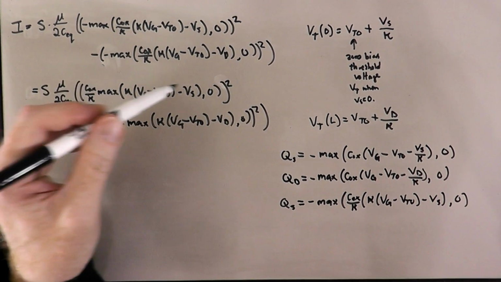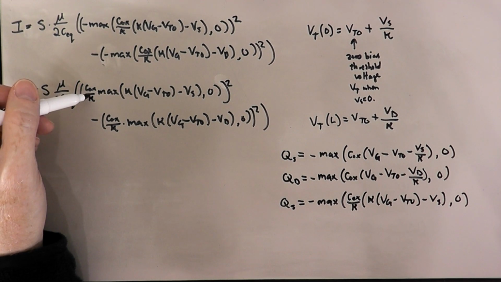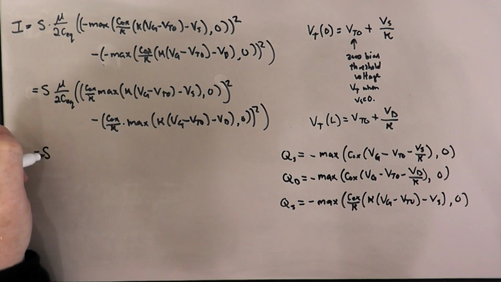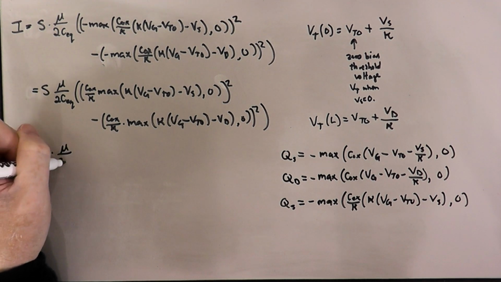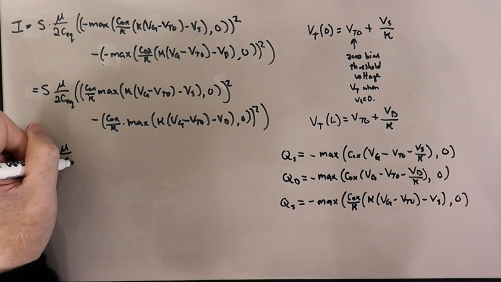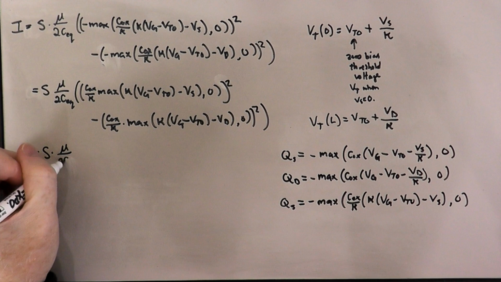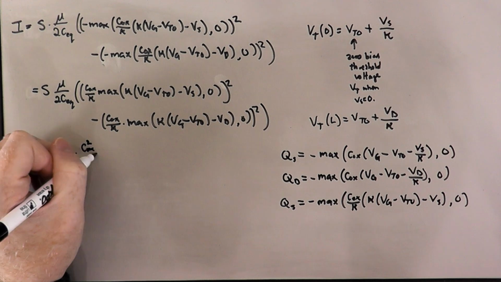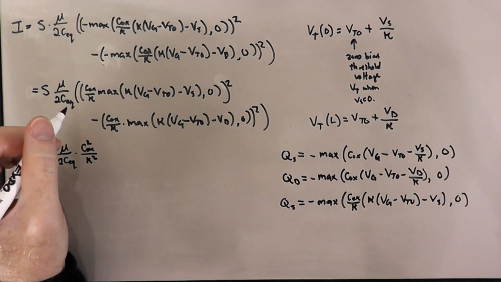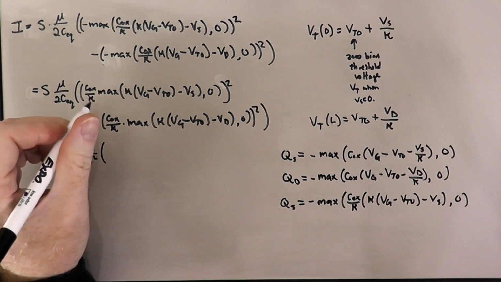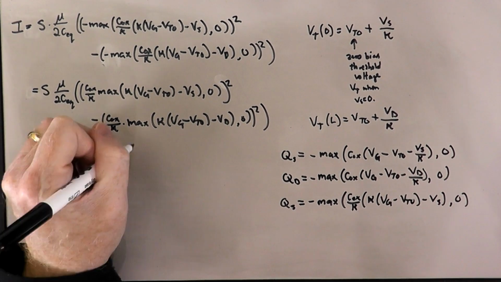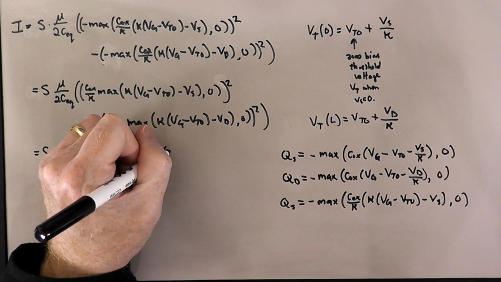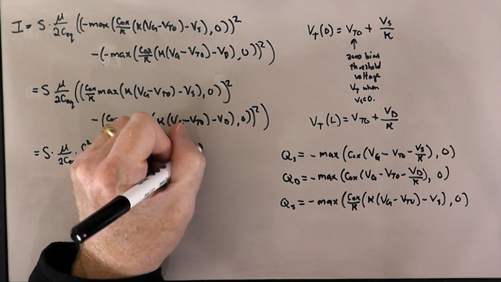Now we can take Cox squared over kappa squared outside and factor it out, and we get S times mu over 2C equivalent, CEQ, times Cox squared over kappa squared times max of kappa Vg minus Vt0 minus Vs, 0.